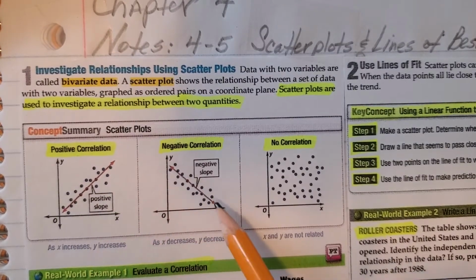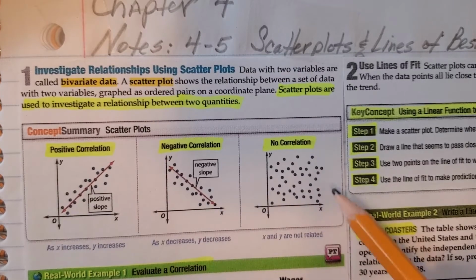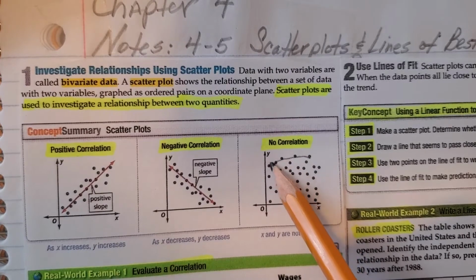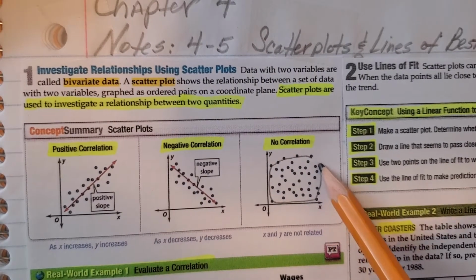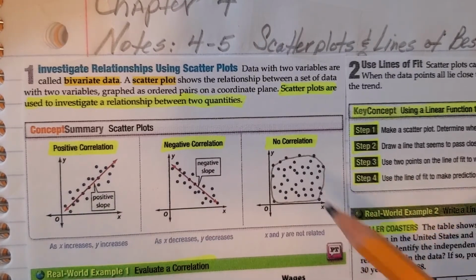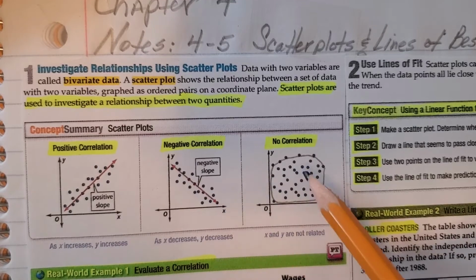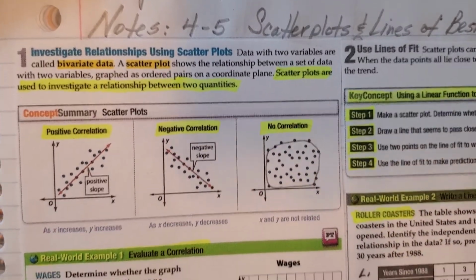If you have points going down, that's a negative slope. And if you have points all over the place, in fact, if I was to draw and connect the outside dots, you actually get a zero or no correlation. So you have a positive correlation, points going up; negative correlation, points going down; or zero or no correlation if the points are all scattered.